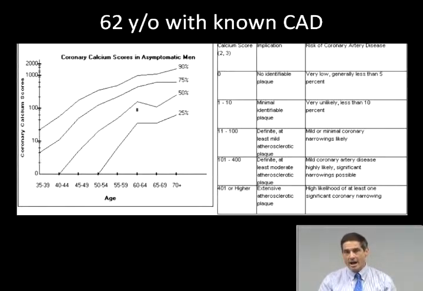If they have a high Agatston score, then you probably upgrade their category and treat them more aggressively to lower their serum lipids. It's more confusing when they have a high risk by their other determinants, but a low risk or a 0 score by Agatston. It's probably somewhat reassuring.